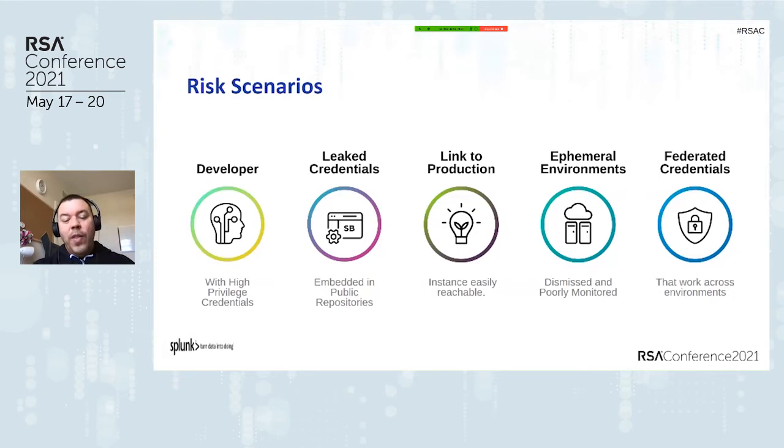Also remember, like I was saying before, a lot of these environments are ephemeral. Ephemeral means you can destroy them any time you want. They're usually dismissed and poorly monitored. I'll give you another example of this.